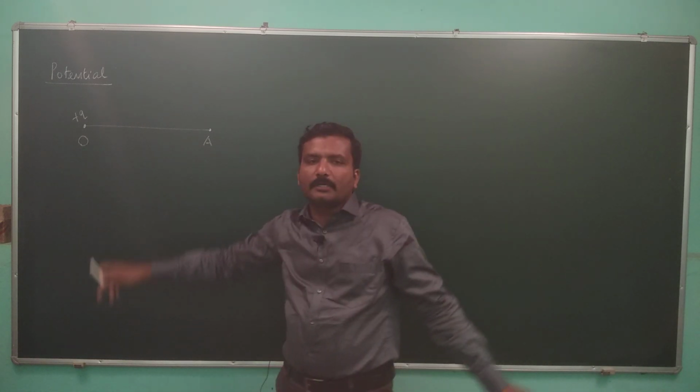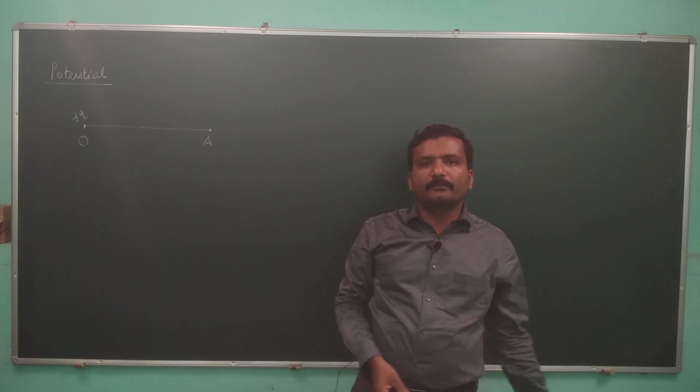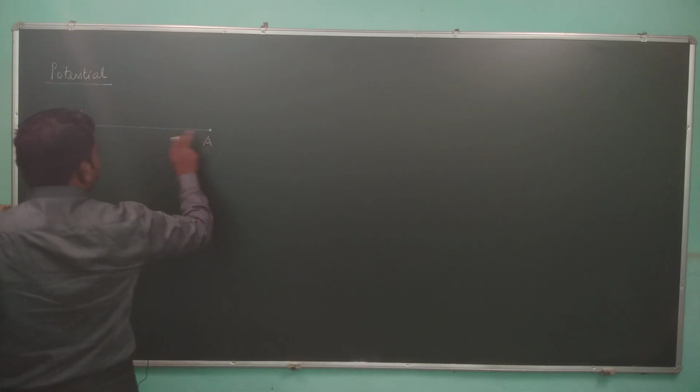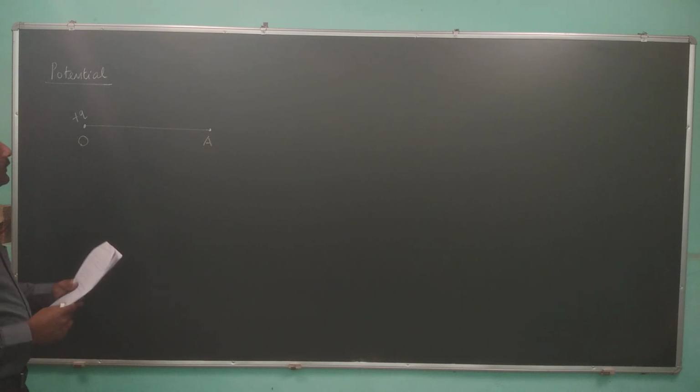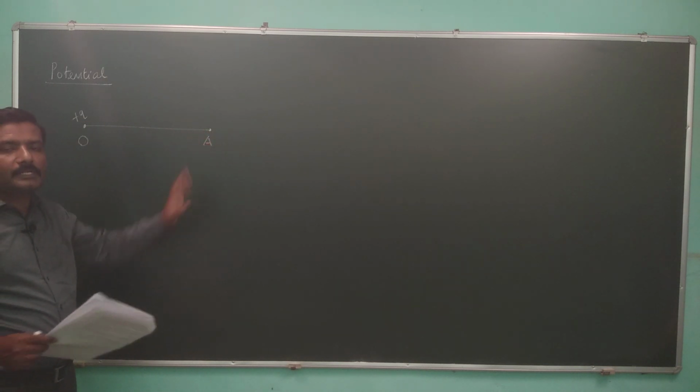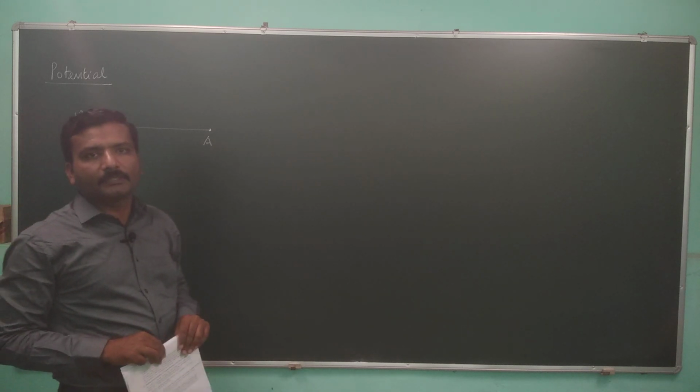Similarly, if there is a charge, then the electric field will be experienced. Now this A is located in the premises of Q, so that it can experience an electric field E.